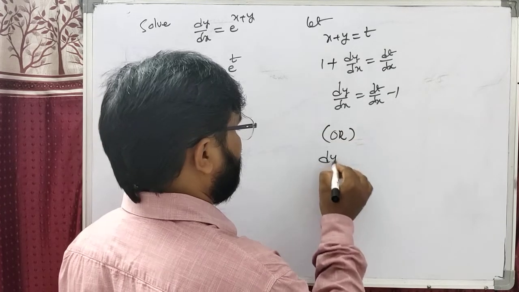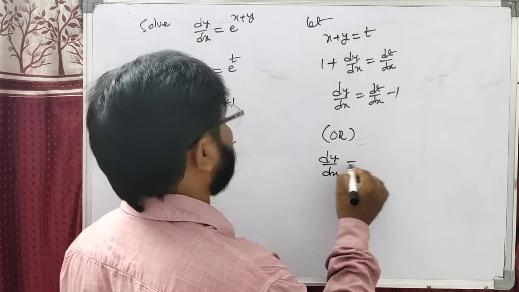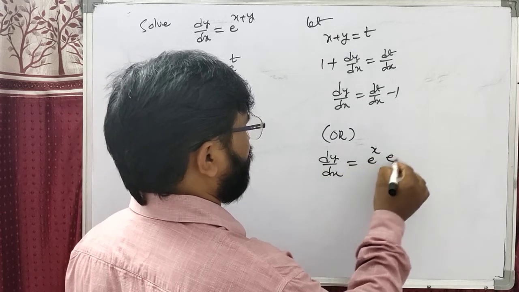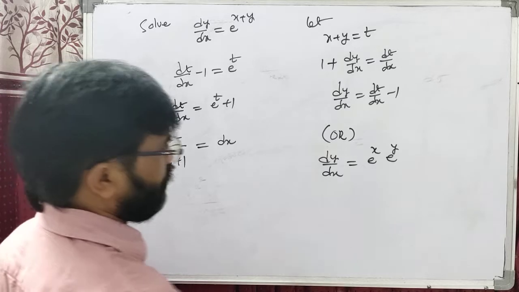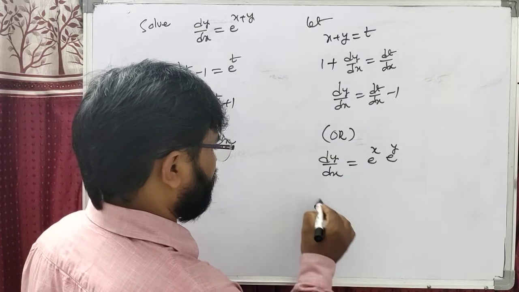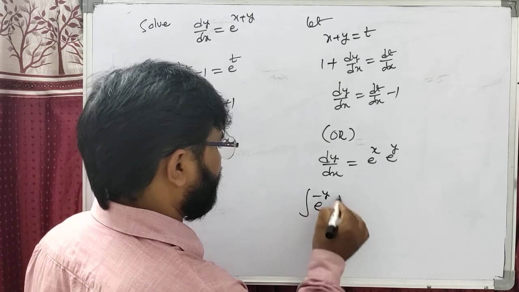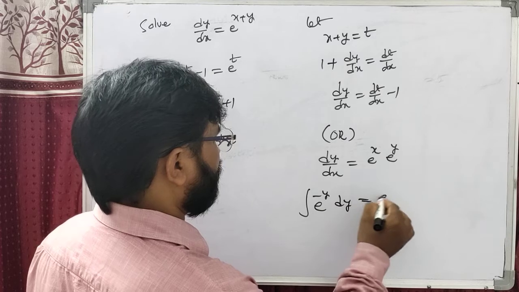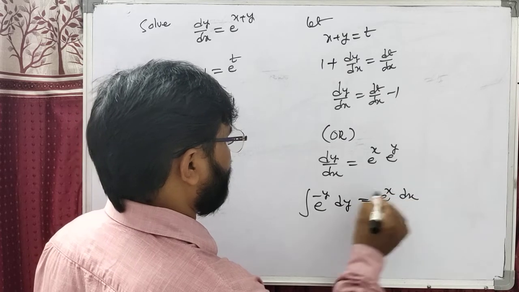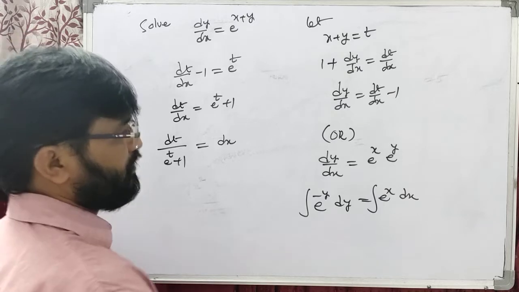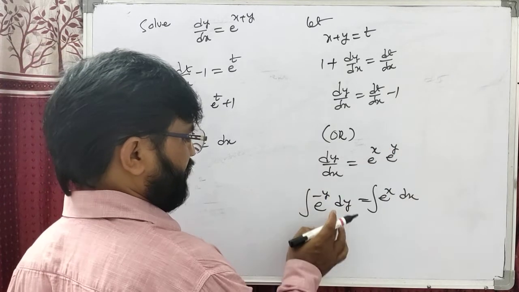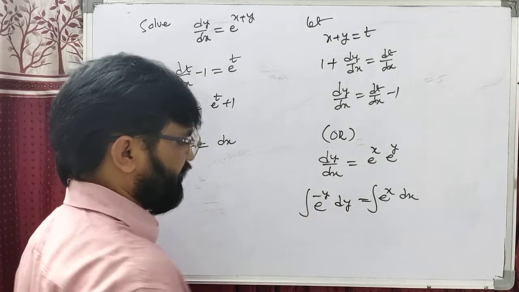We can write directly dy by dx equal to e power x into e power y, students. So, dear students, we directly get e power minus y dy equal to e power x dx. How to get here? You send it to the other side: 1 by e power y is e power minus y.